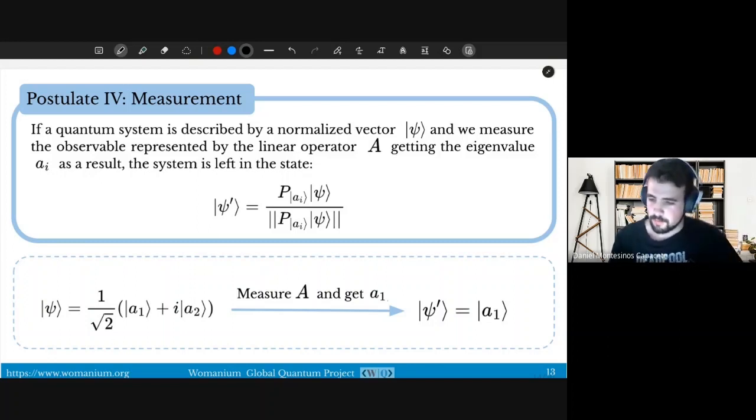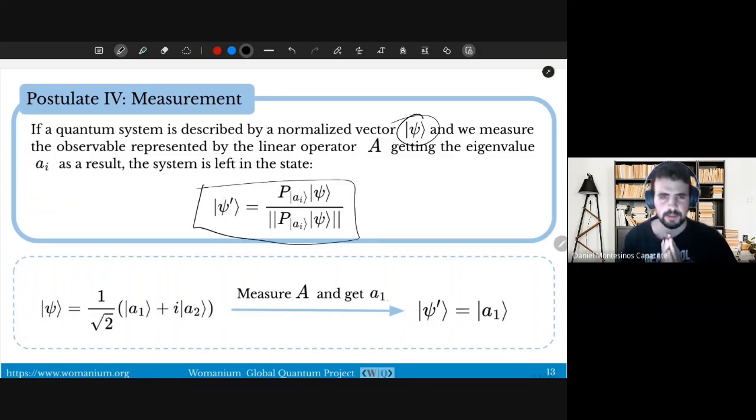So you have a quantum system described as a normalized state, a normalized vector, and we measure an observable represented by this operator, and you get an eigenvalue. What is the final state of your system, right? The final state of your system is going to be this state.